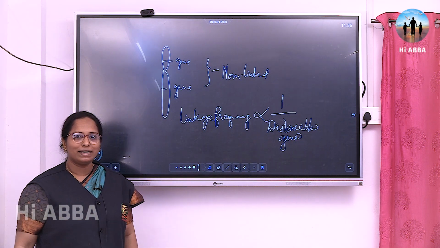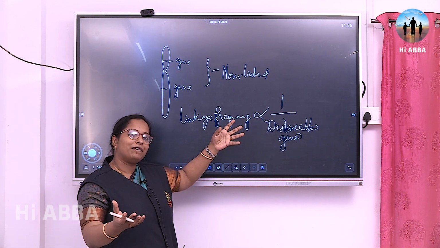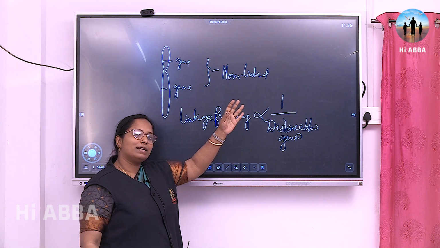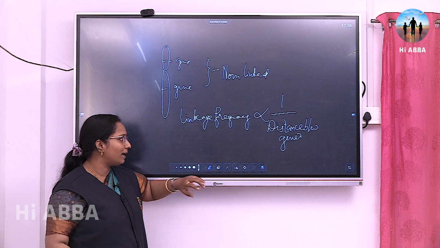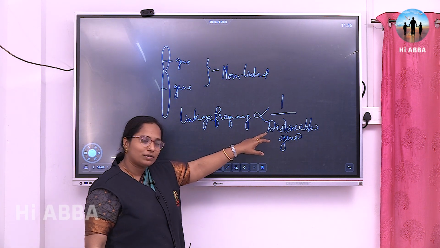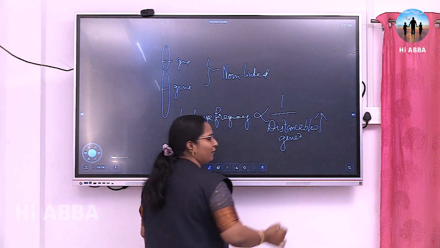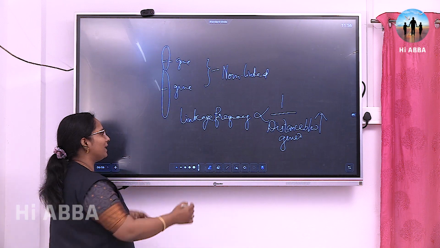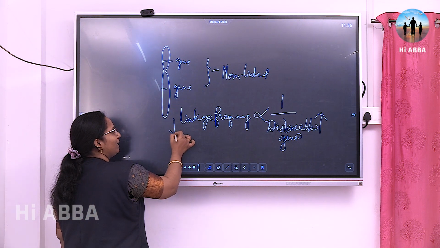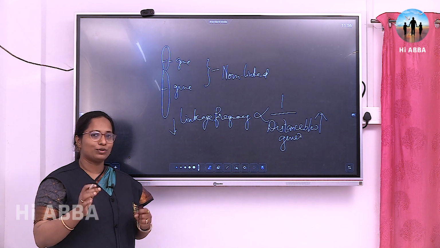As it is inversely proportional, it is not directly proportional. It's not that when distance increases, the linked genes come closer. As it is inversely proportional, if the distance between the genes is higher, then the linkage between the genes will be lesser. So it is actually inversely proportional.